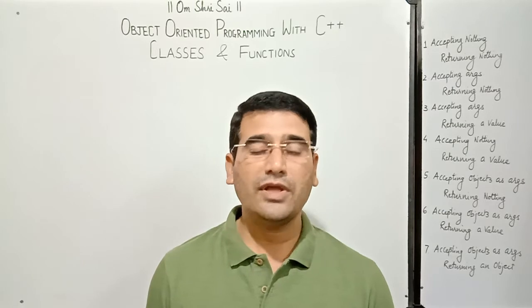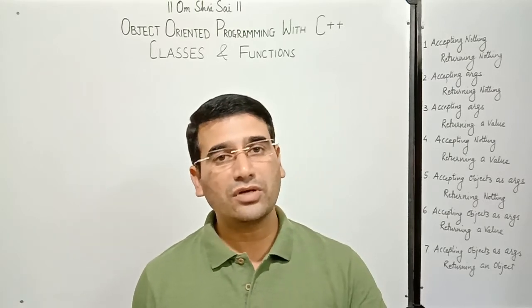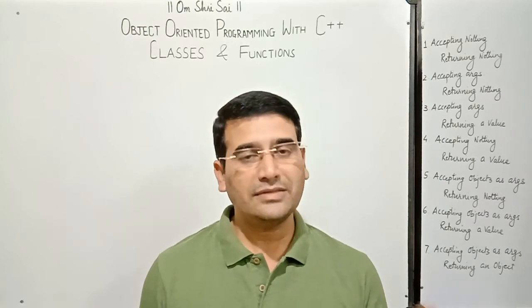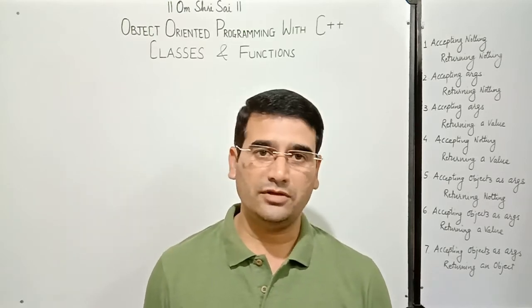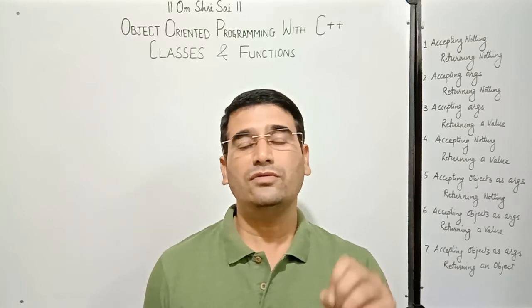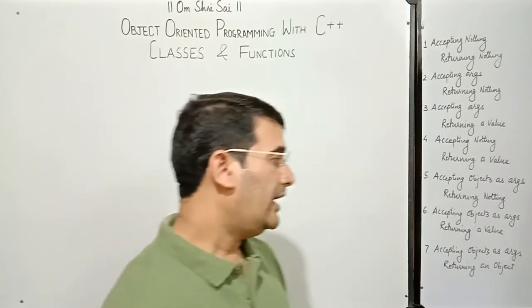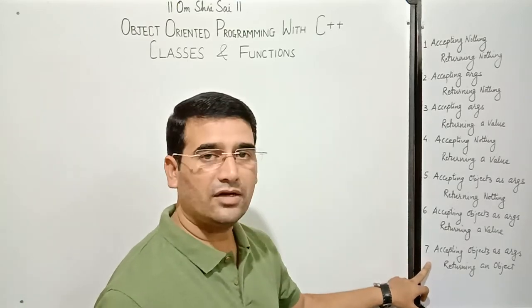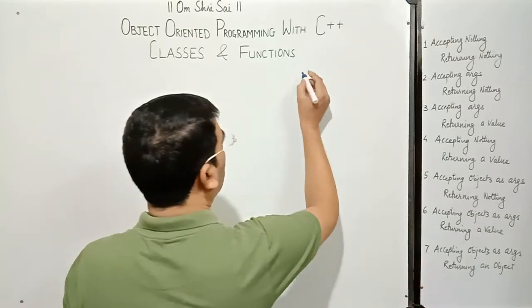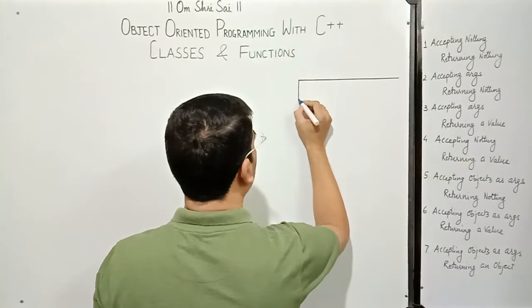Now, if we can pass or accept any object as an argument, we can also return any object as a return value, because an object is again a variable, and hence very similar to as we can return variables, we can return the objects, and hence the category accepting objects as argument and returning an object, we will discuss that. To understand this category, we will be having an example of the EMP class.